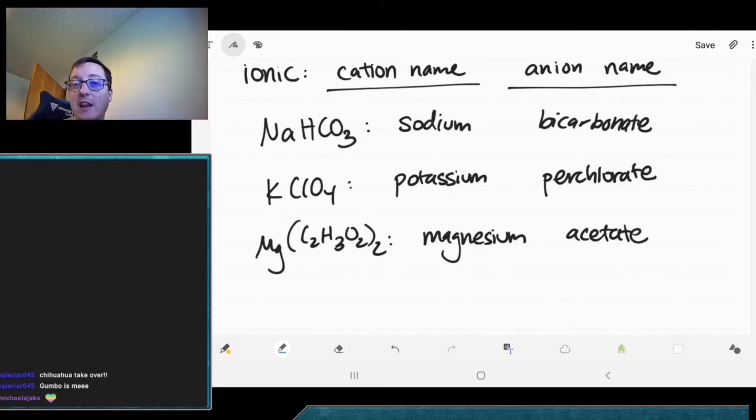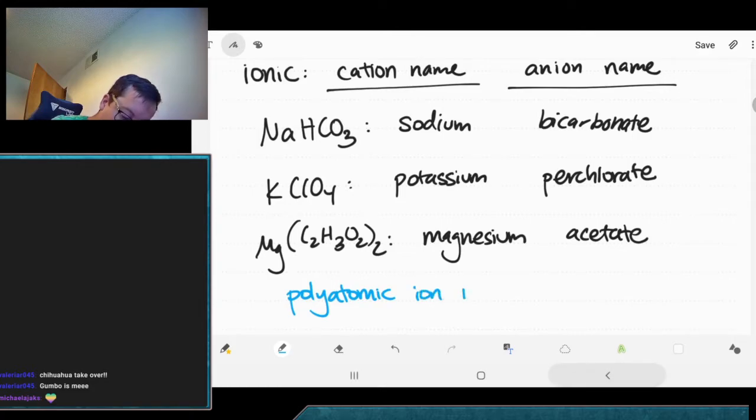We had to change the name of simple negative ions, but for polyatomic ones, their name is already determined for us. For example, bicarbonate is HCO3 minus. And that name is fixed. We don't make it bicarbonide or anything. It's bicarbonate. So polyatomic ion names do not change.